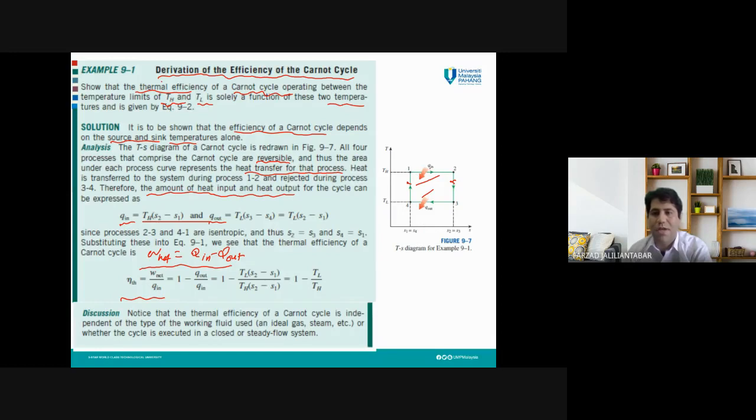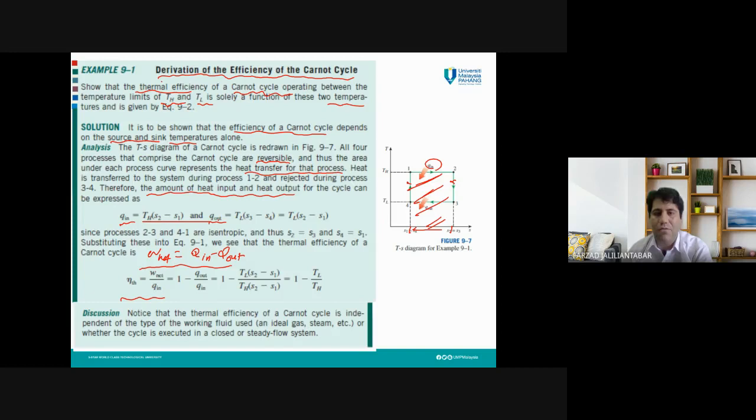First of all, how can we calculate Q in? Q in is this area. This area is S2 minus S1 times TH. It is a rectangle, so we can simply calculate this area.